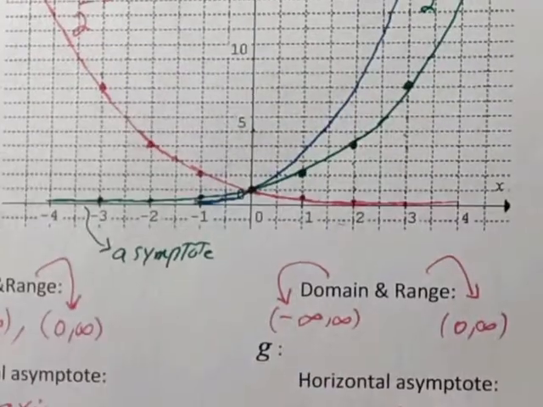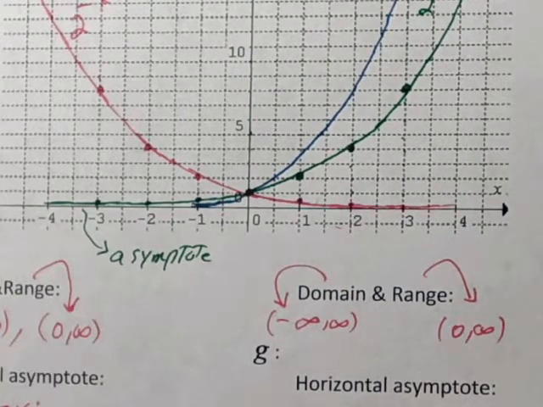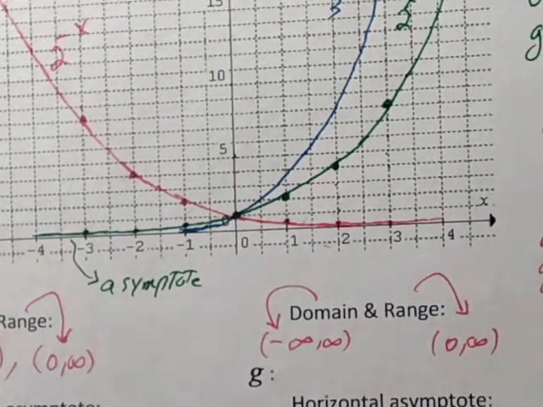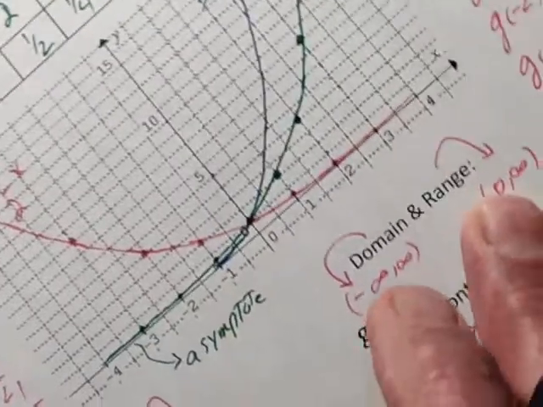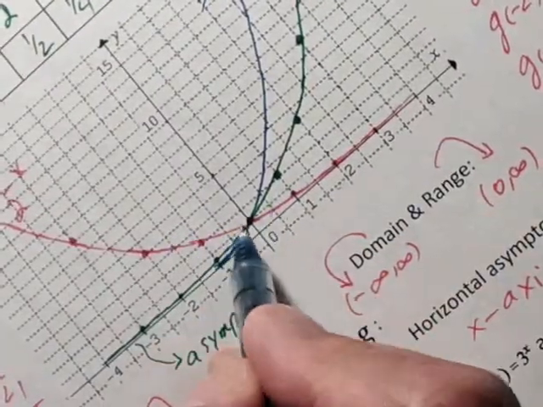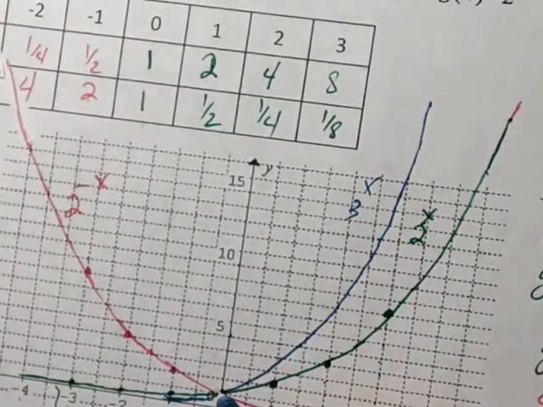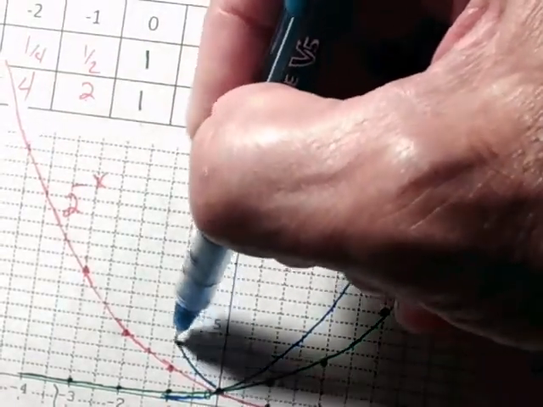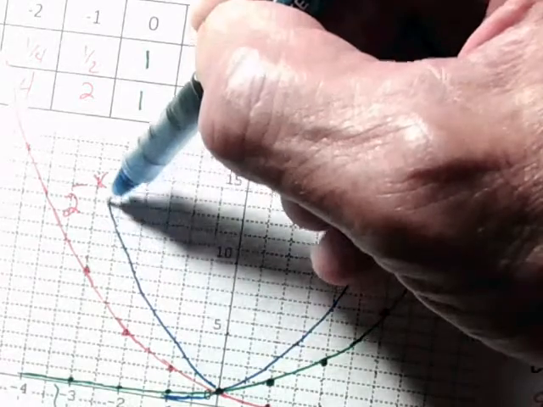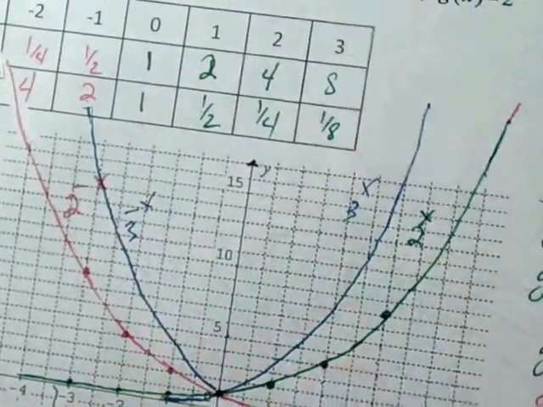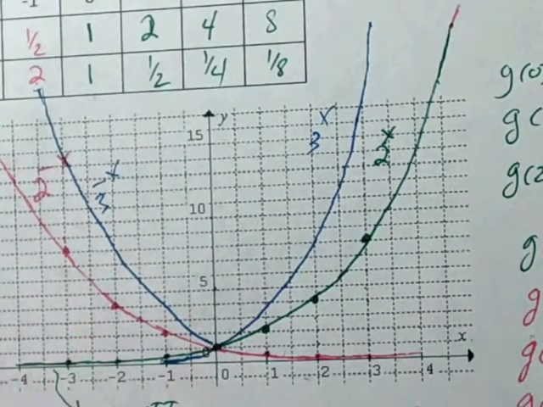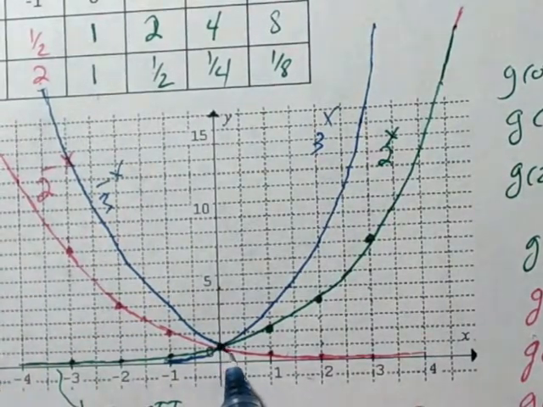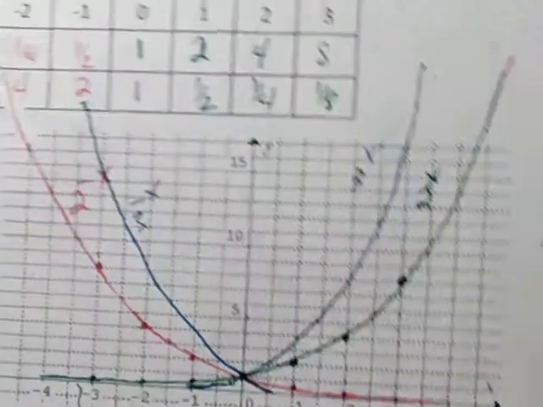And the same thing here, if you do 3 to the negative x, on the left side it is above 2 to the negative x, and the right side is below it.